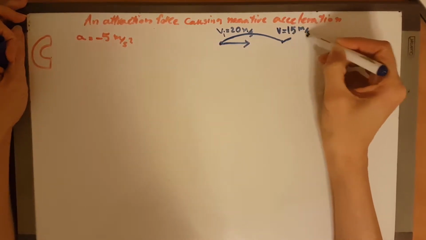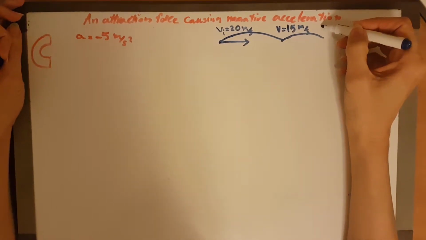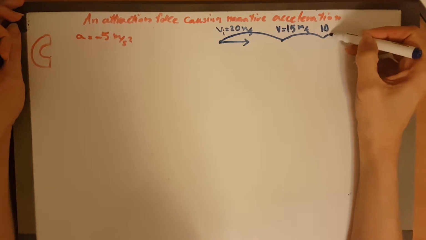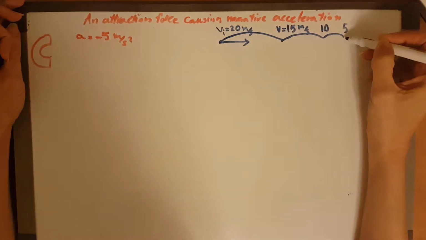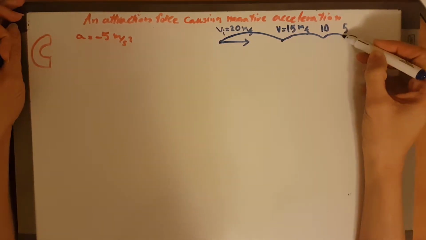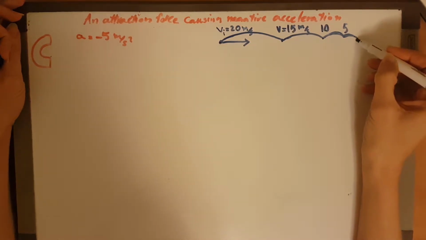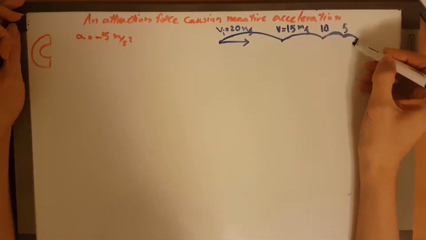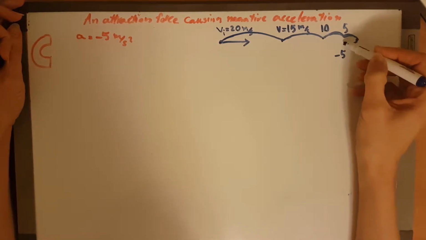And then by the end of the other second, it would be 10, then it would be 5, and then it would be 0. So it comes to a complete stop, and then it turns back and moves towards the magnet with a velocity of negative 5 meters per second.